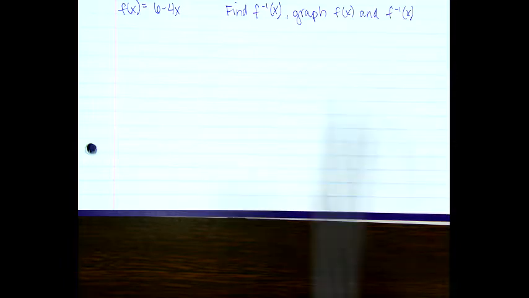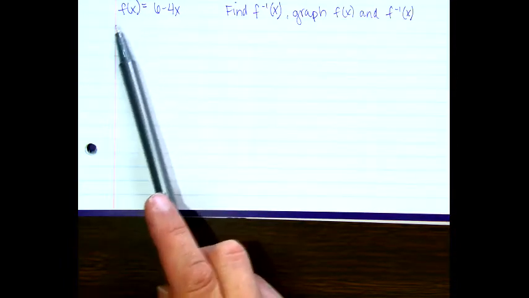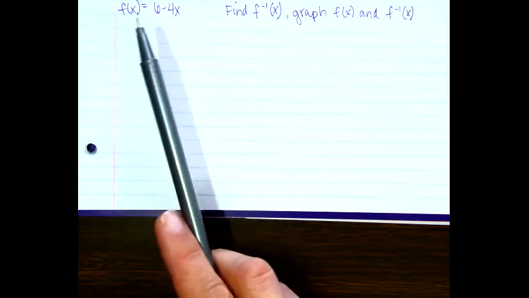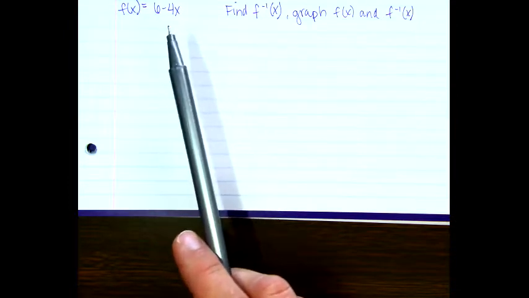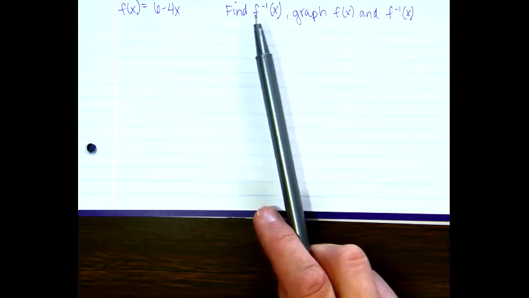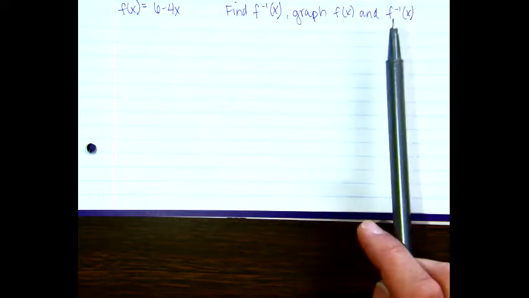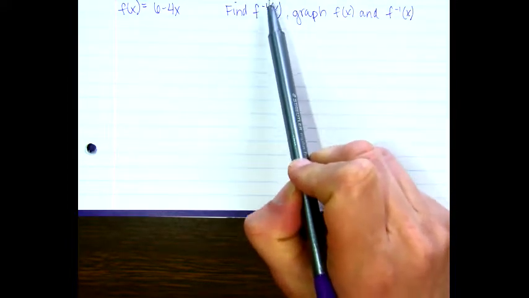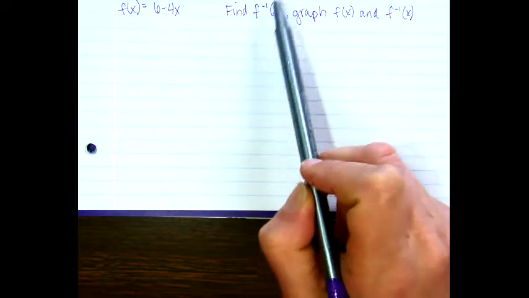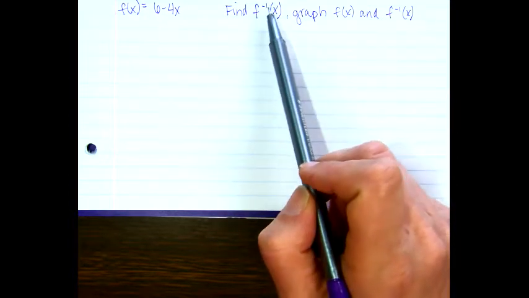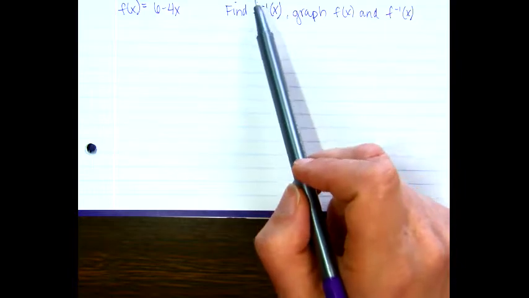All right, so our function, remember we use f of x as function notation. Our function is 6 minus 4x. I want to find the inverse of f of x, graph f of x, and the inverse. So that negative 1 next to the f, it's written like an exponent, but that really means the inverse.